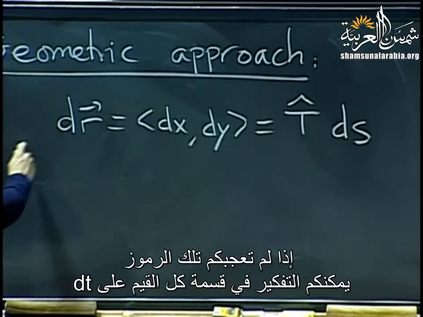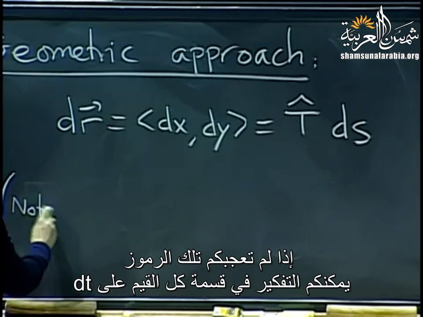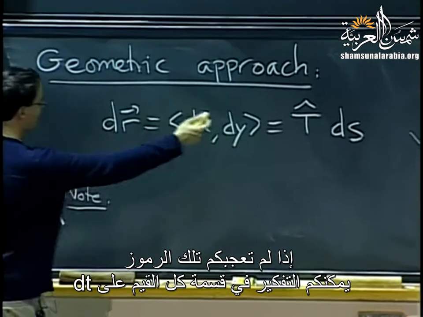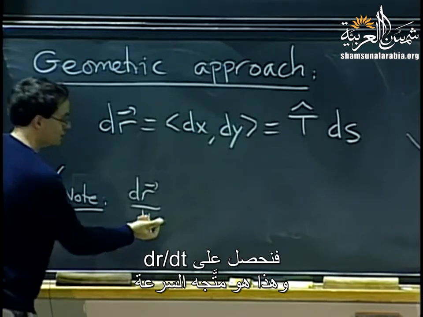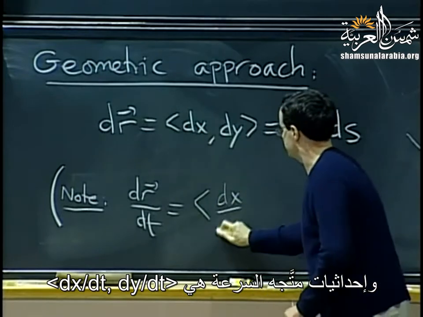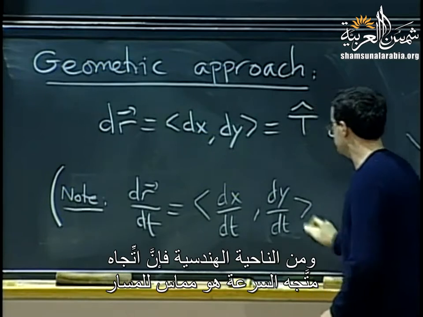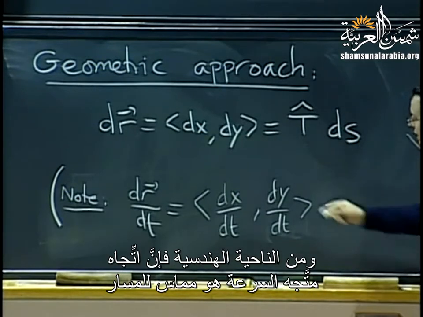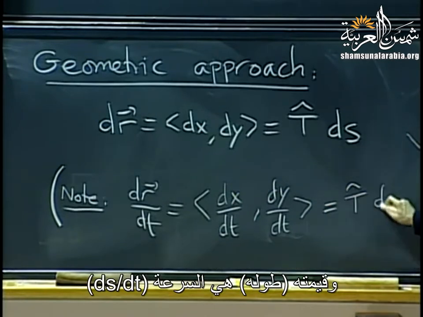If you don't like this notation, think about dividing everything by dt. Then what we're saying is dr/dt, that's the velocity vector. While in coordinates, the velocity vector is dx/dt, dy/dt. But more geometrically, the direction of a velocity vector is tangent to the trajectory, and its magnitude is speed, ds/dt.